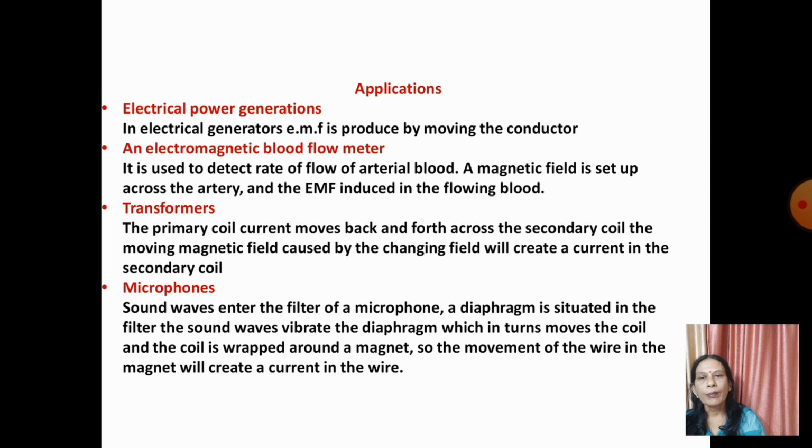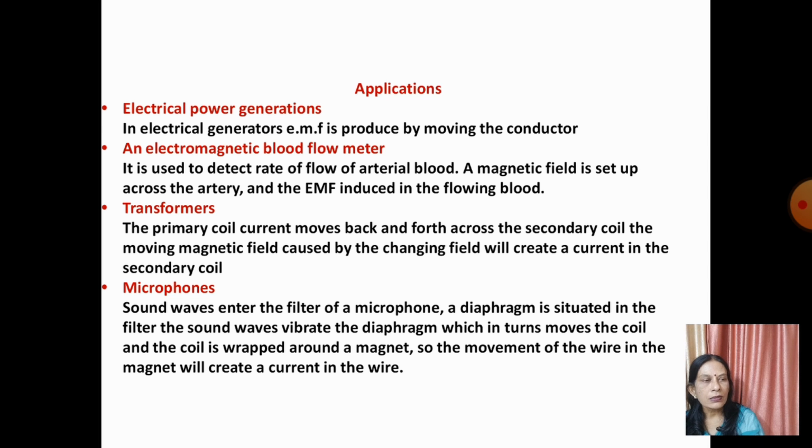The third very important application is the transformer. You must have seen transformers on the roadside near your streets where you live, or near the lanes. The principle of the transformer is based on electromagnetic induction.